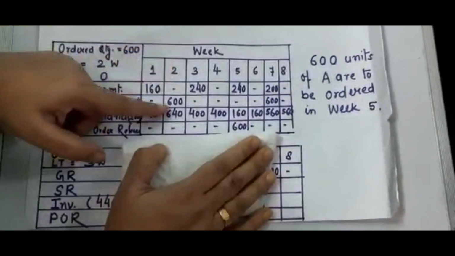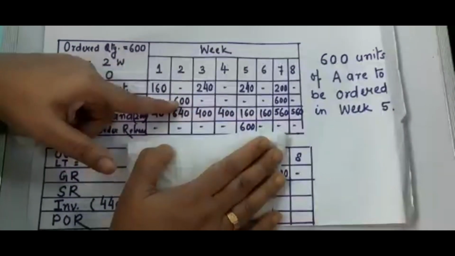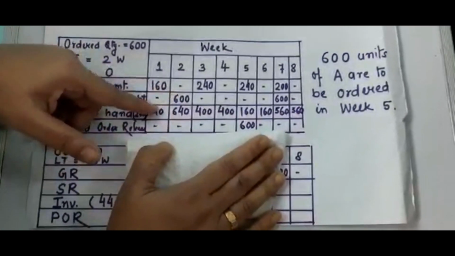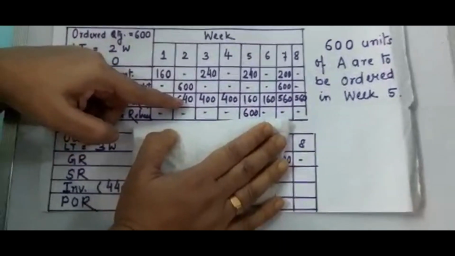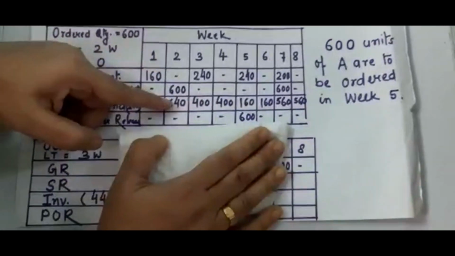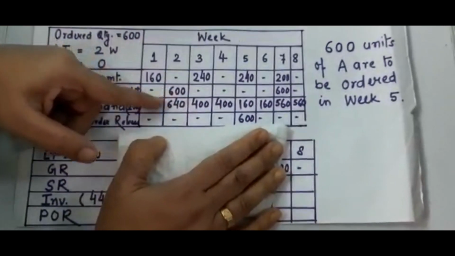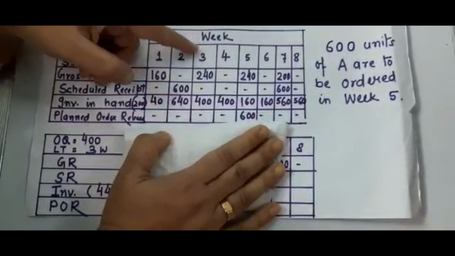In the 2nd week, 600 units of A are scheduled to be received. So my total stock becomes 600 plus 40, that is 640. And there is no requirement in the 2nd week. So I'm holding a stock of 640 in the 2nd week. 3rd week, my requirement is 240.